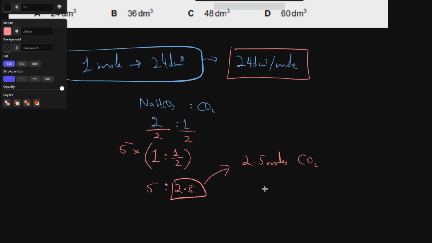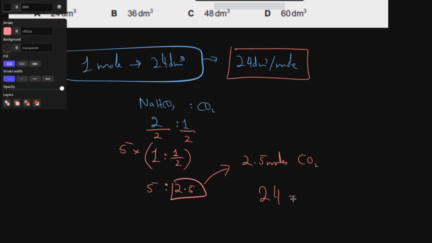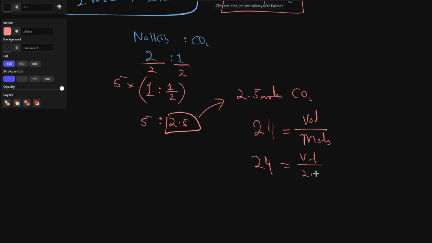So in order to figure out the volume, we can use this formula. 24 is equal to the volume that we need to figure out upon the moles, so 24 is equal to the volume upon 2.5, and this will give us the answer of volume, and that will be 24 times 2.5. It will be 60 decimeter cube.